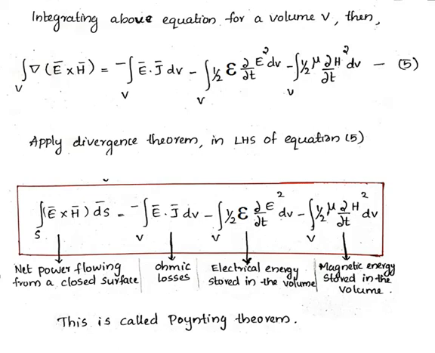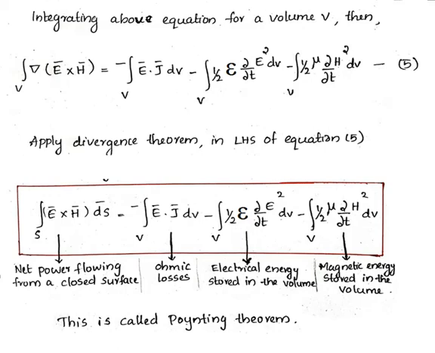This is the fifth equation. Now we apply the divergence theorem only to the left hand side of equation 5, since the volume integral of del dot anything is equal to the integral over the surface. That is the divergence theorem.